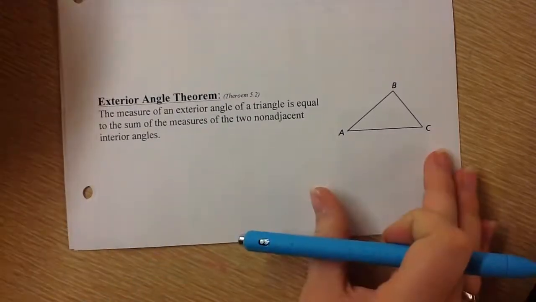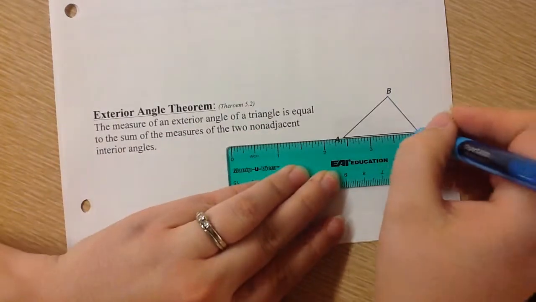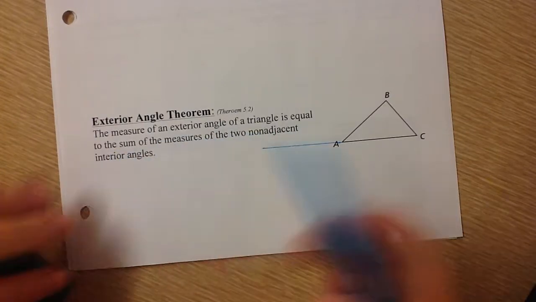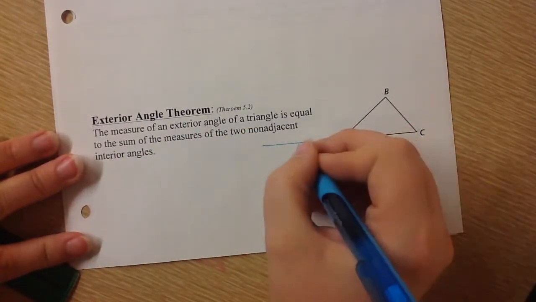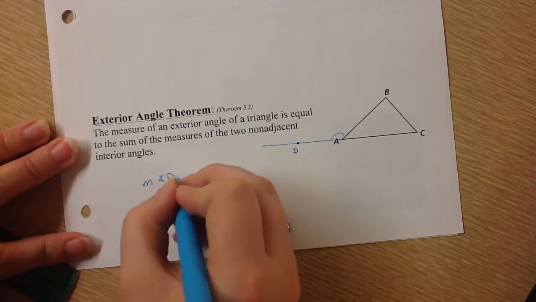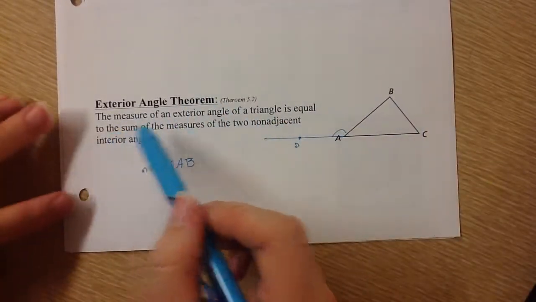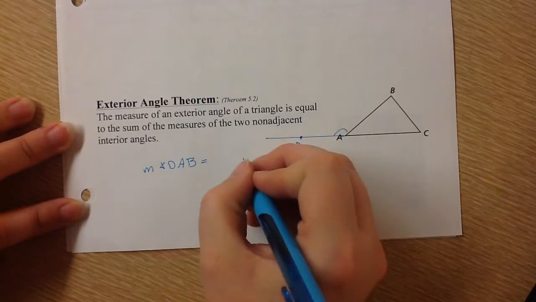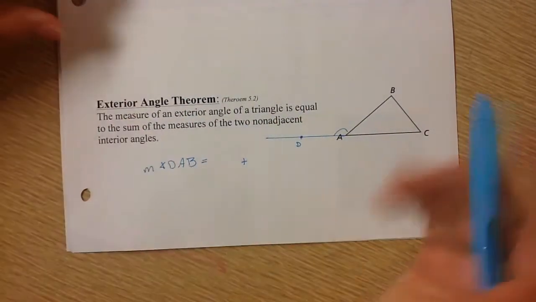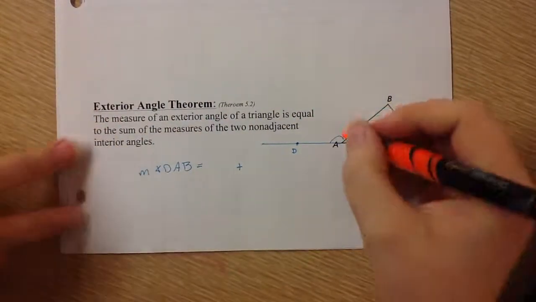If I extend out my side here, and put a D out here, the measure of this angle, angle DAB, is equal to the sum, that's adding, of the two non-adjacent interior angles. If you notice, this angle right in here is adjacent because it shares this side.